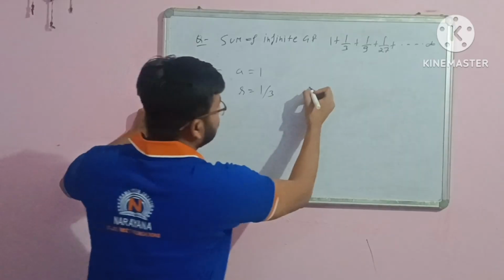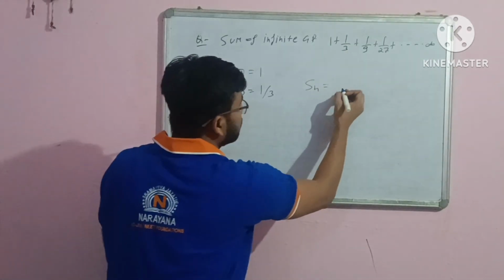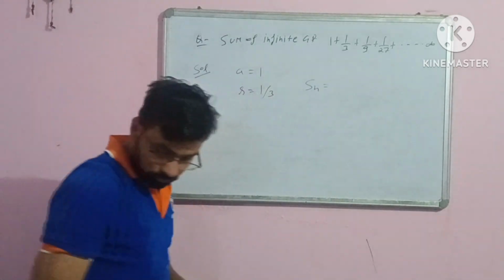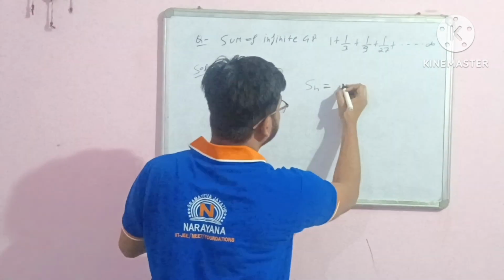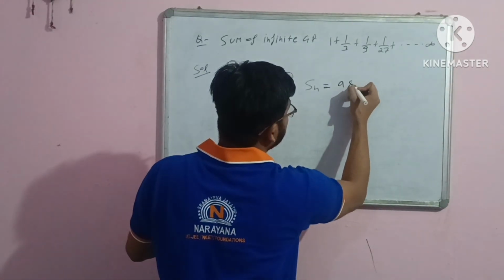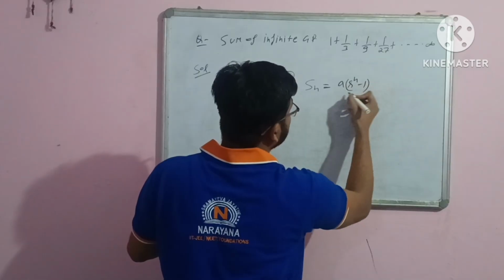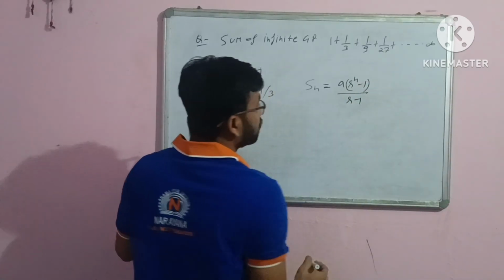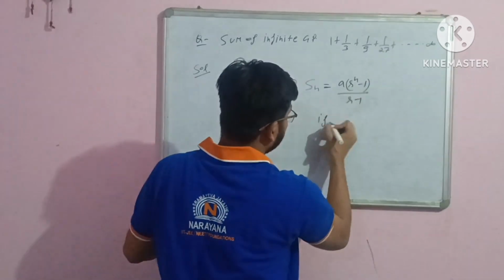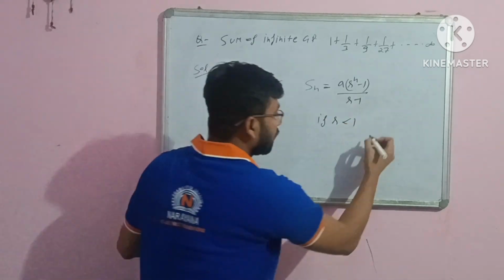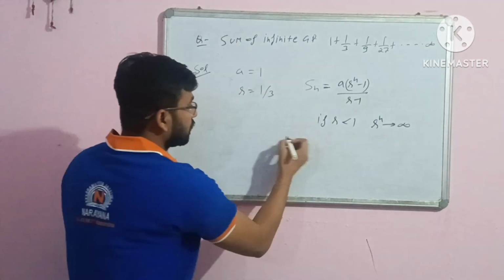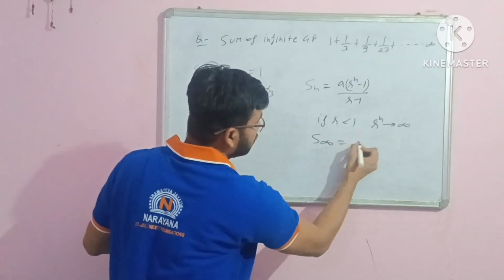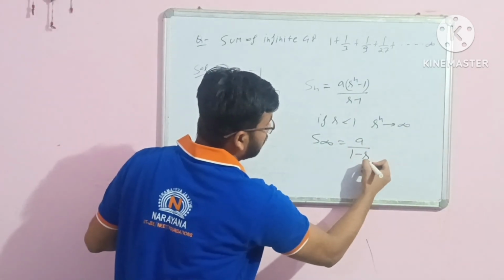We know that the sum of n terms equals A times r to the power n minus 1 upon r minus 1. If r is less than 1, then r to the power n tends to 0. So the sum of infinite terms becomes equal to A upon 1 minus r.